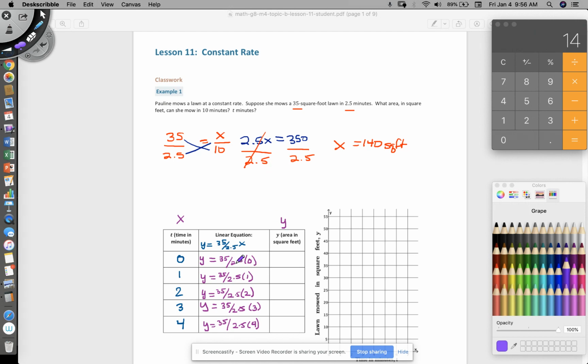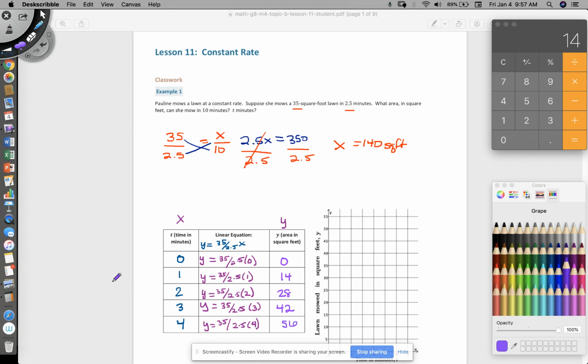We have 35 over 2.5 times 0. Well, we know anything times 0 is just going to give me 0 anyways. Now we have 14 times 1 basically. So 14 times 1, 14. How about 14 times 2? 28. 14 times 3 is 42, and 14 times 4 is 56.